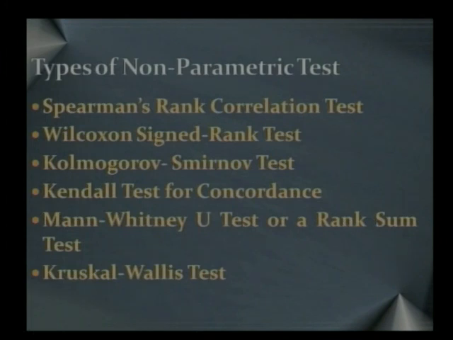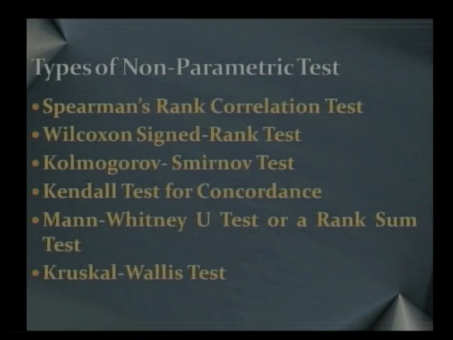Similarly, if we want to know the correlation in a parametric test, we will apply the correlation coefficient, the Karl Pearson correlation coefficient. Similarly, if the samples are large and we want to test for a single mean, automatically the Z test will be there.